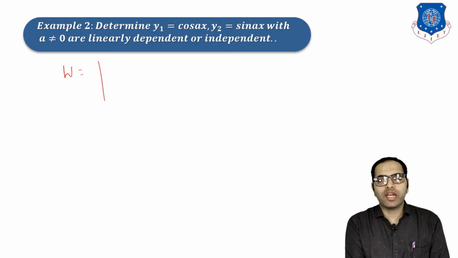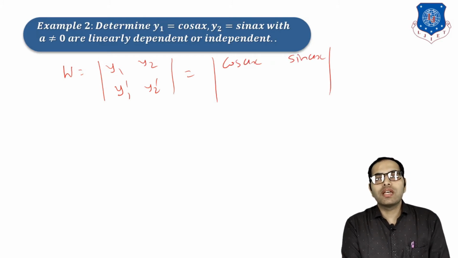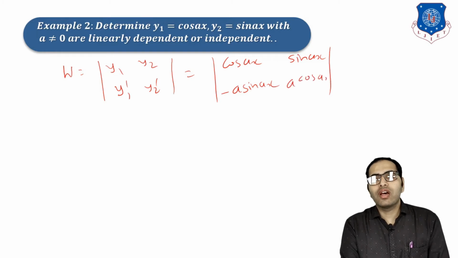First find the Wronskian, which is the determinant of y1, y2 and the derivative of each term, y1 dash, y2 dash. Just substituting, y1 is cos ax, y2 is sin ax, the derivative of cos ax is minus a sin ax, and the derivative of sin ax is a cos ax.